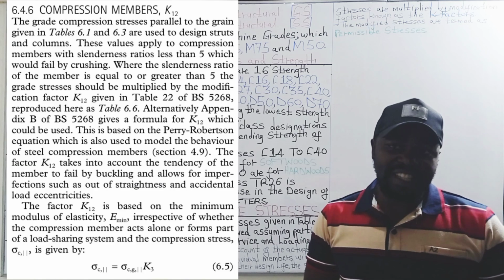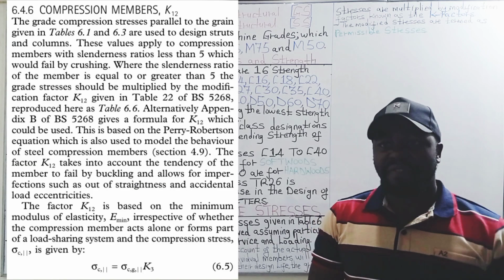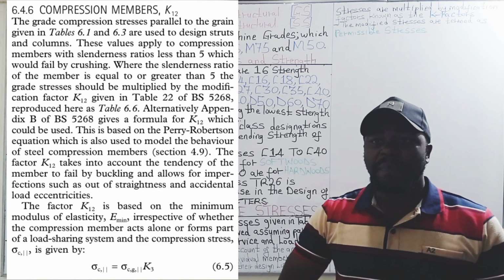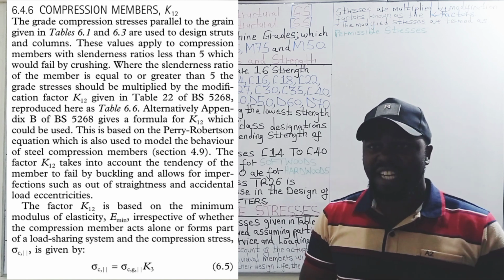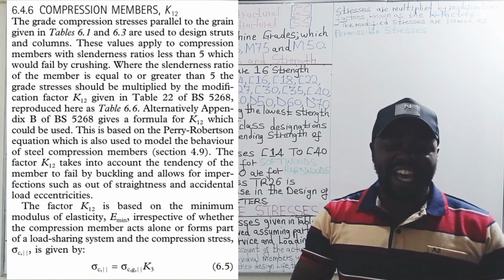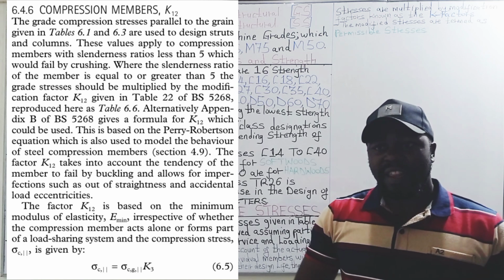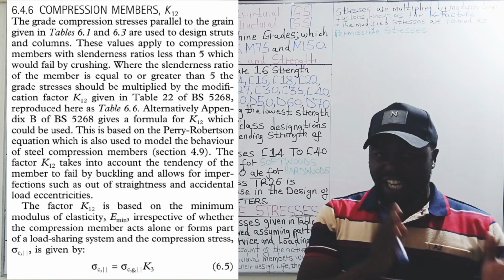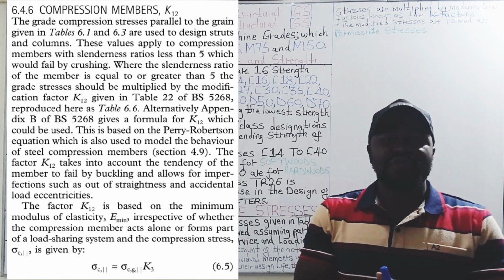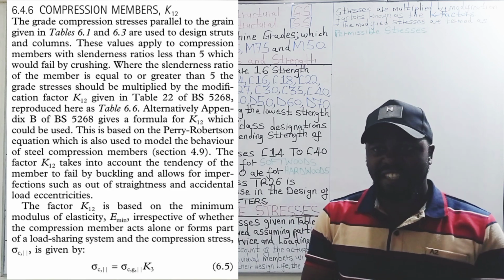Number 6, that is the compression members, K12. The grade compression stresses parallel to the grain given in tables 6.1 and 6.3 are used to design struts and columns. These values apply to compression members with slenderness ratios less than 5, which would fail by crushing.